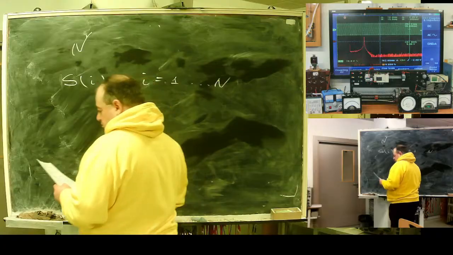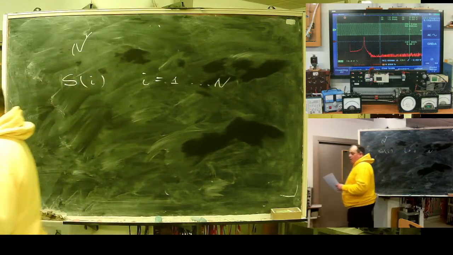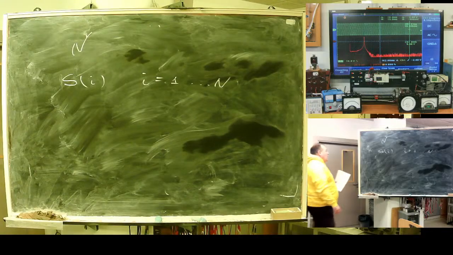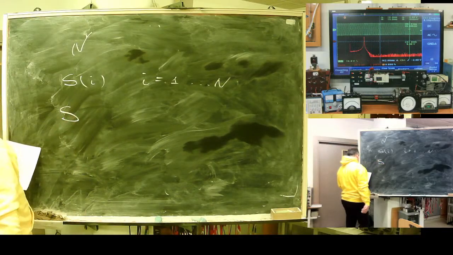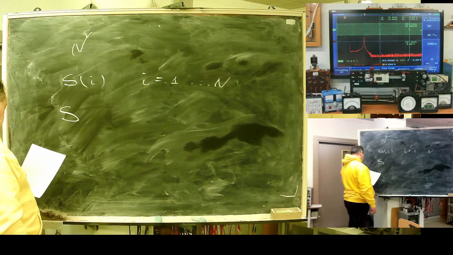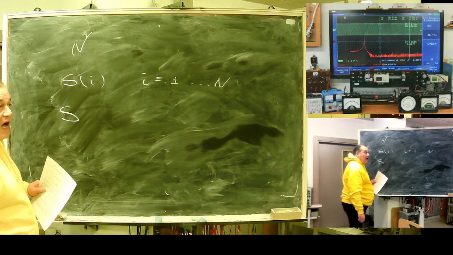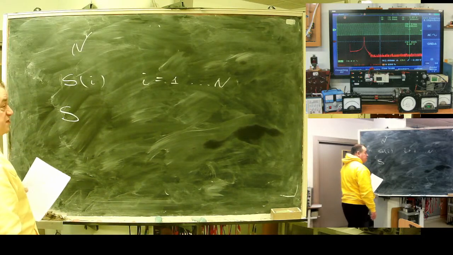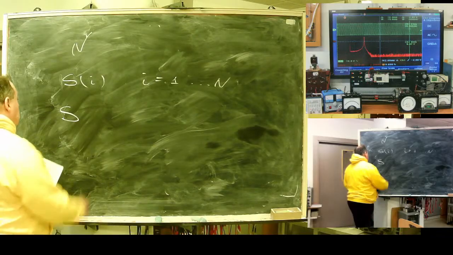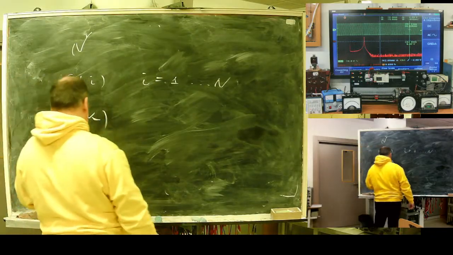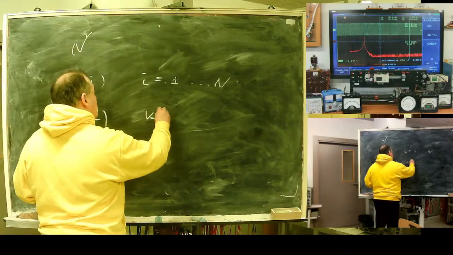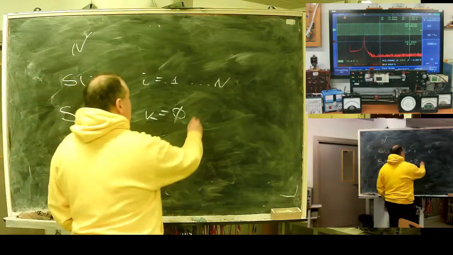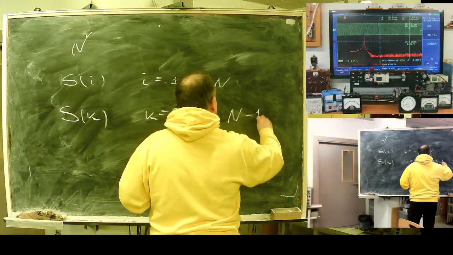I have n samples. For them, in frequency space, I will get what? I will get n points of spectrum. Here k starts from 0, from the DC component, and ends with n minus 1.